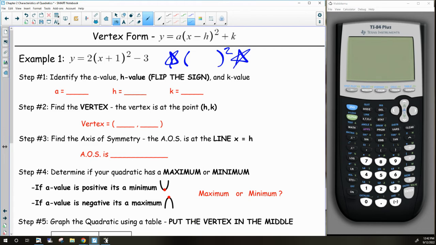Whenever you see those parentheses with an exponent touching it, and that exponent is 2, that's vertex form. When I look up here, I go, oh, parentheses, there's my exponent of 2, that's vertex form. Easy peasy. Okay? So vertex form, just be able to identify it. You don't have to be able to spit out that actual form. Just be able to tell what is which. Vertex form.